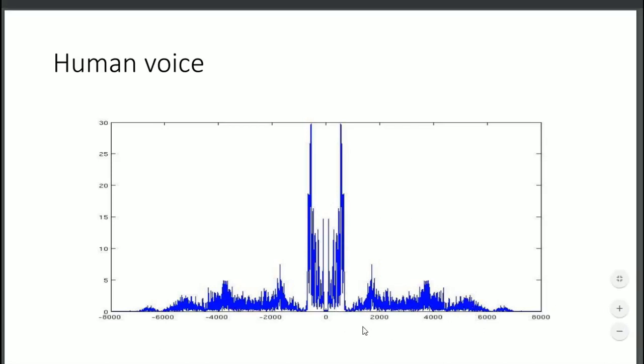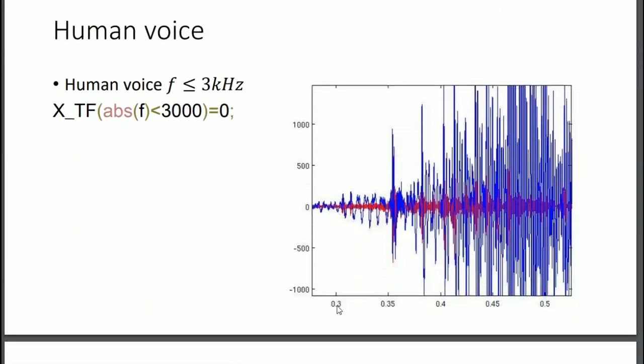What we can notice is that for some small frequencies, you have big spikes. After, you have small spikes. So these spikes are due to the human voice. After doing some research, the human voice has some noise that is below 3k hertz.